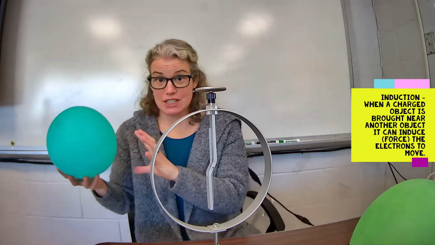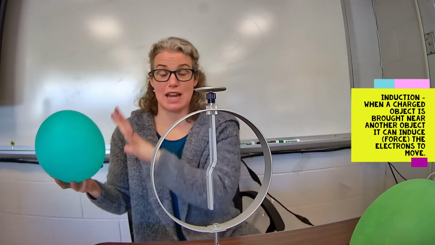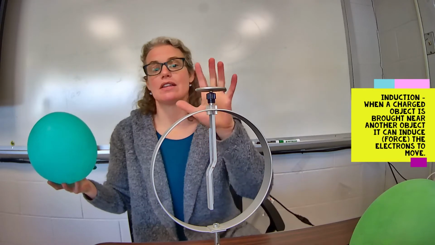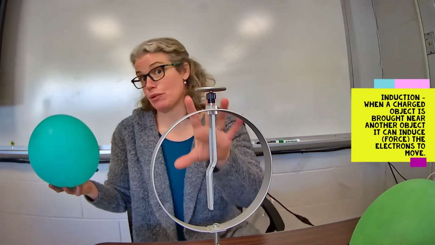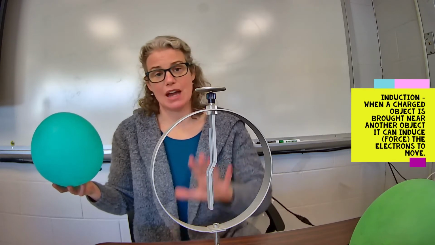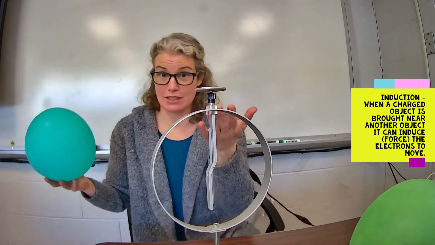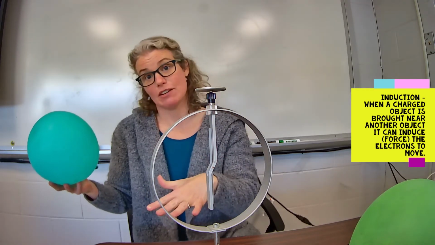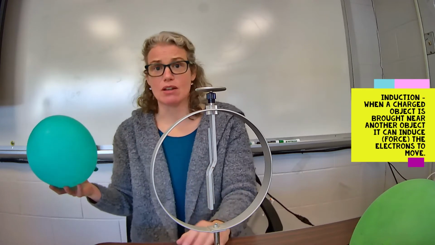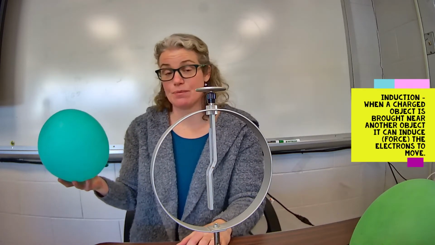I'm not going to transfer the negative charges to this, but I'm going to use the negative charges in the balloon to influence the charges that are already present in the electroscope. What I mean by that is that this is made of atoms. And so there's positive particles, protons, and negative particles, electrons. Because it's made of metal, those electrons can flow very easily.